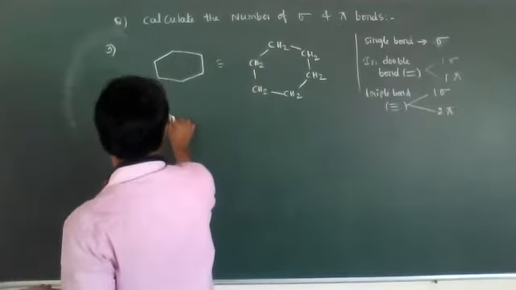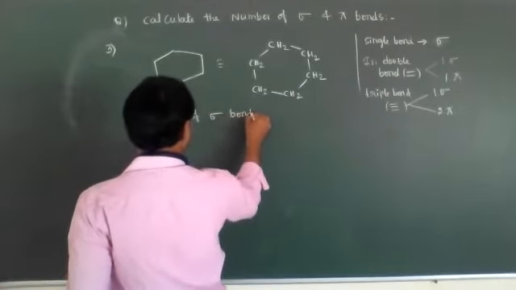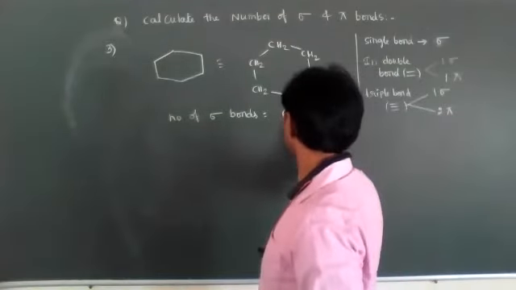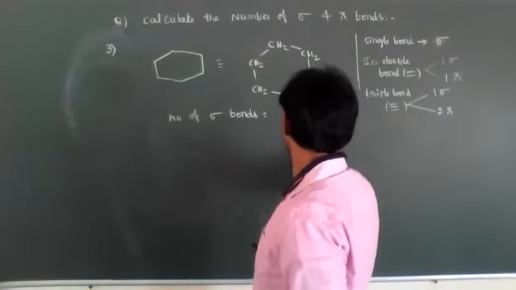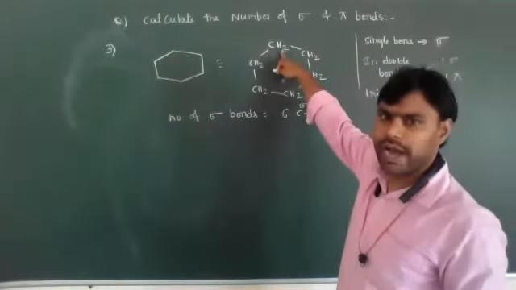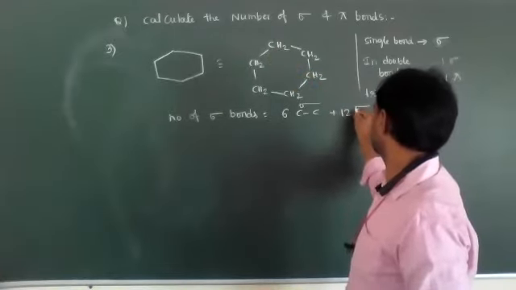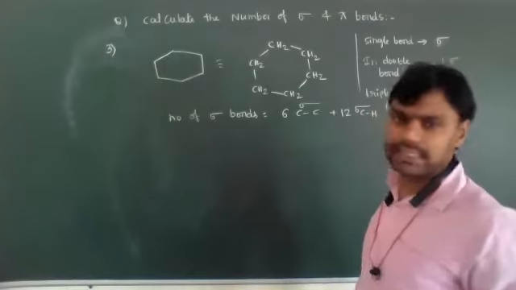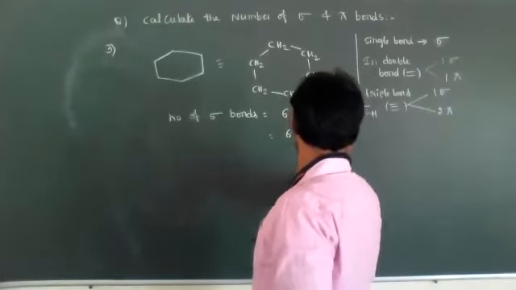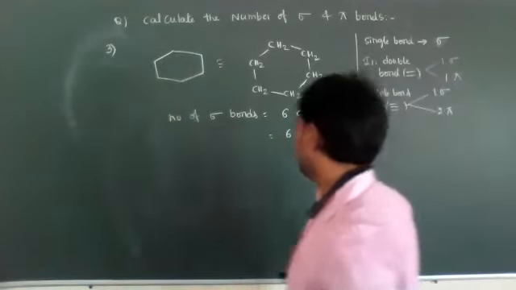So the number of sigma bonds is equal to 6 carbon-carbon sigma bonds, and each carbon has 2 hydrogen atoms, so 6 times 2 is 12 carbon-hydrogen sigma bonds are present. 12 plus 6, total how many, dear students? 18 sigma bonds.